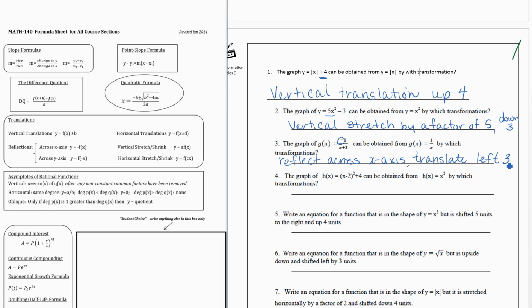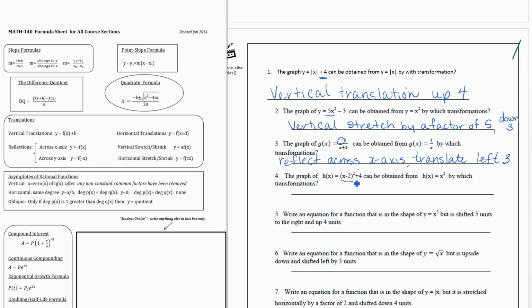Okay. So 4 says the graph of h of x equals x minus 2, that whole thing squared, plus 4, can be obtained from h of x equals x squared by which transformations? Now we're subtracting 2 inside the parentheses. Adding and subtracting always means you're moving up, down, left, or right.